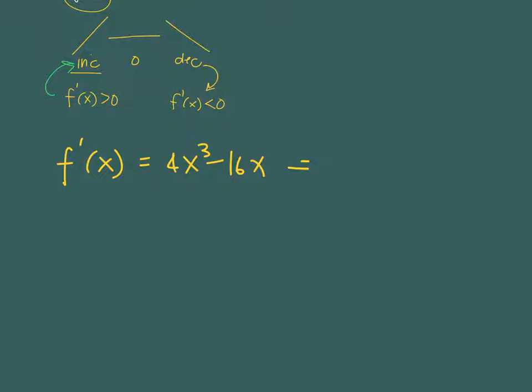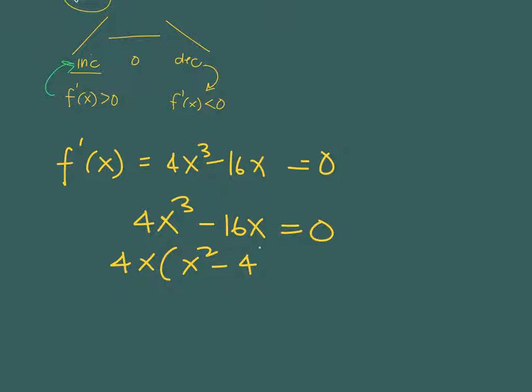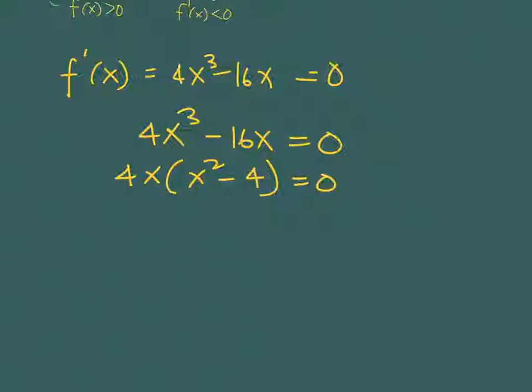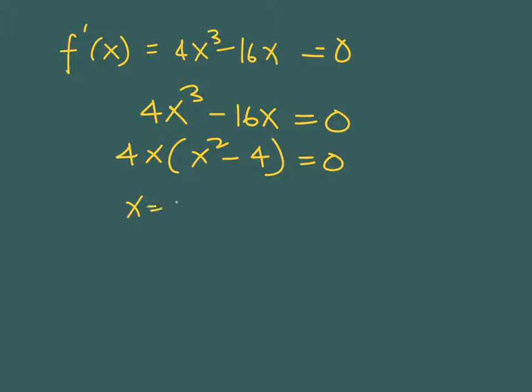Okay, so we set this to 0, and 4x cubed minus 16x is equal to 0 means 4x times x squared minus 4. So the possible x are 0, negative 2, and positive 2, which is what we solved already in the previous example. X is 0, negative 2, and 2.